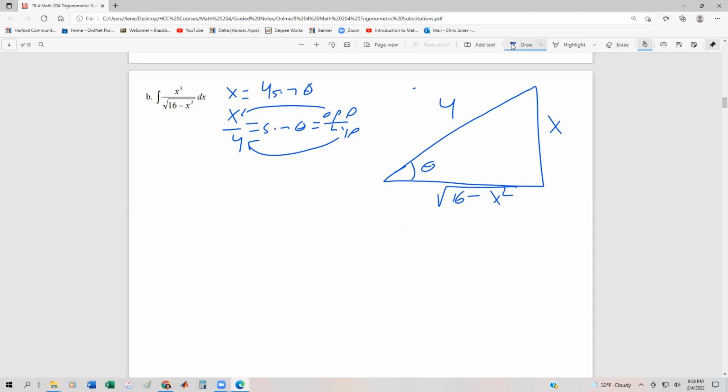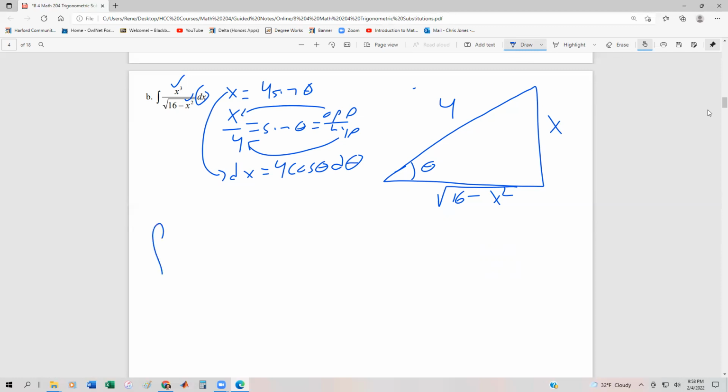Now, before we can do any sort of substitutions, we have x, but we don't have dx. And so dx is going to be the derivative of 4 sine theta, which is going to be 4 cos theta d theta. We learned that on one of the very first derivatives that we ever found for Calc 1. All right, so now we're going to substitute. It's going to look a little ugly, but they all do after that initial substitution.